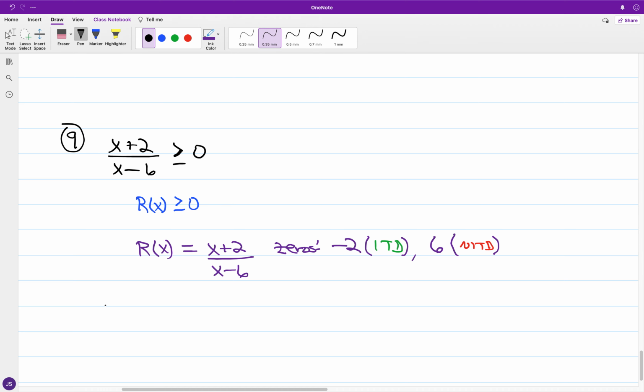And so just setting up, again, a table of intervals. With -2 as the smaller of the zeros, you have the smallest values of x, so those values less than -2. Then you have those values between but not including -2 and 6. And then you have those values of x which will be greater than 6.